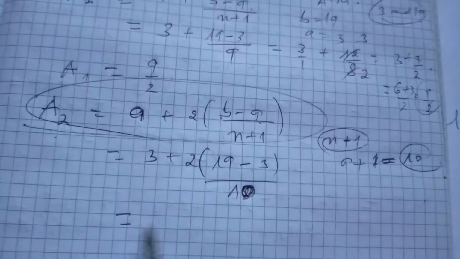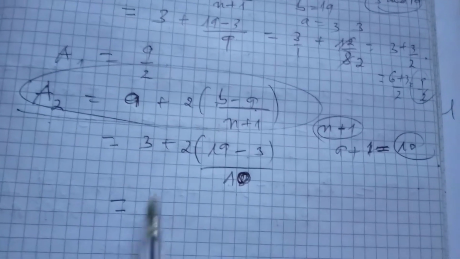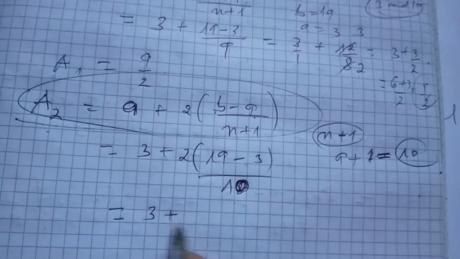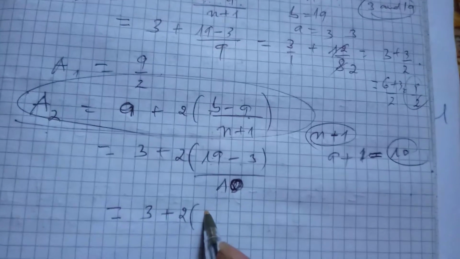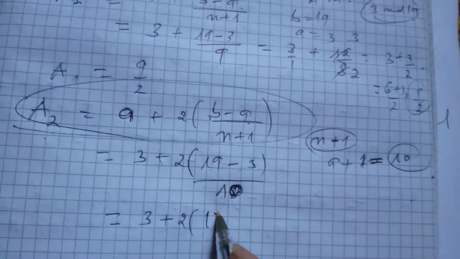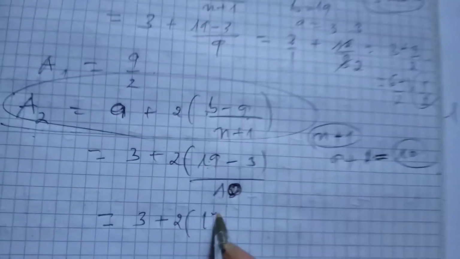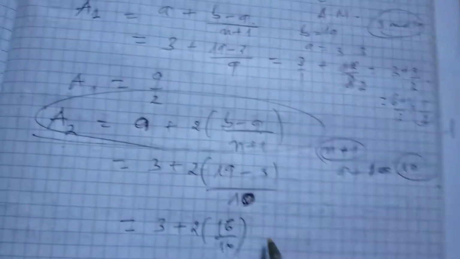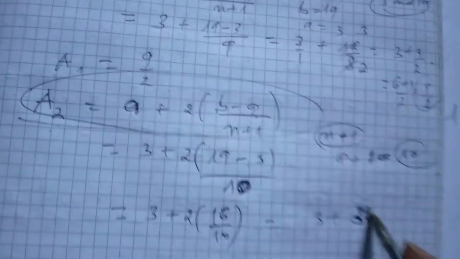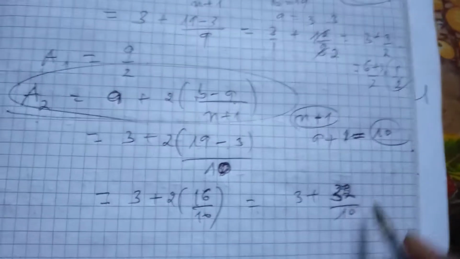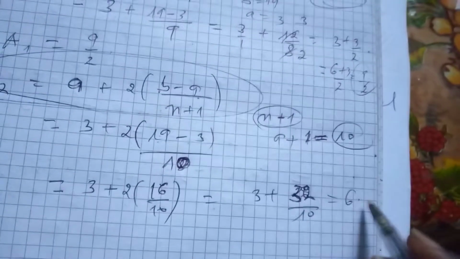Then this will be equal to 3 plus 2 times 16 over 10. This will be equal to 3 plus 32 over 10, and here it will be equal to 6.2.